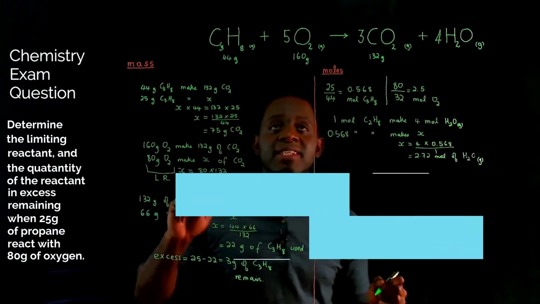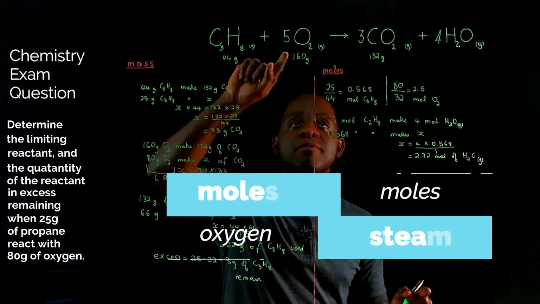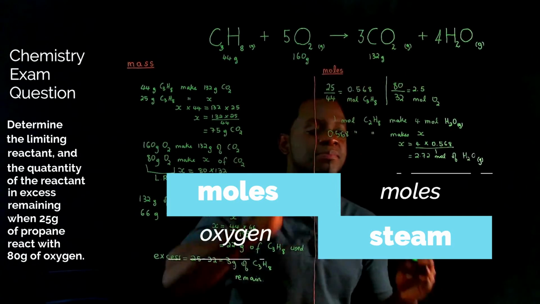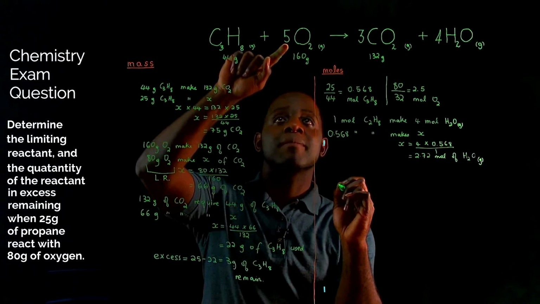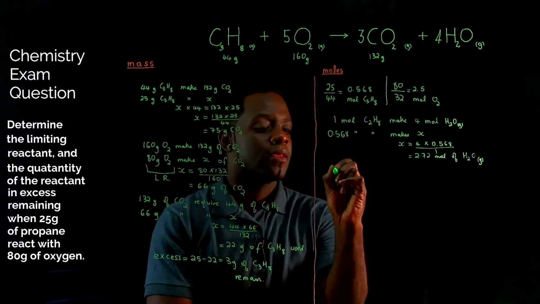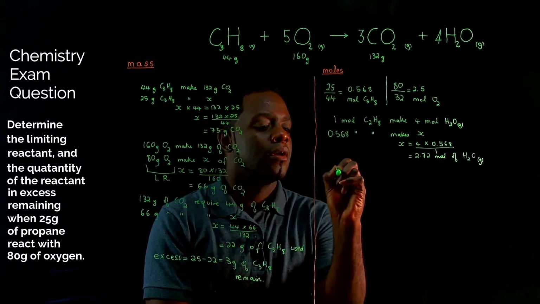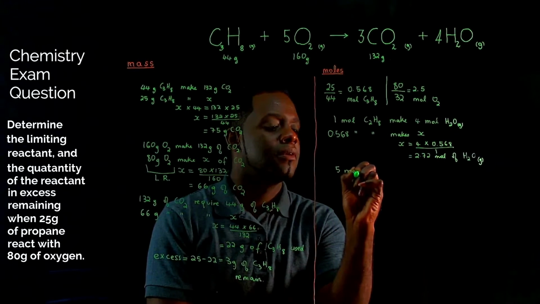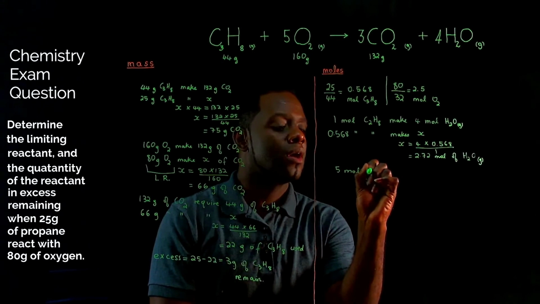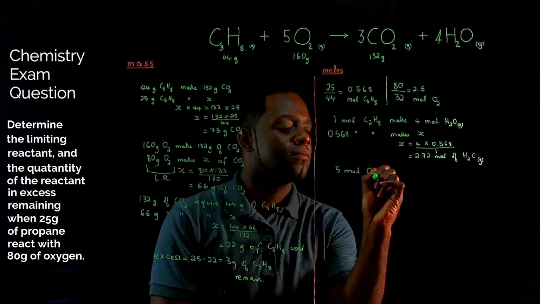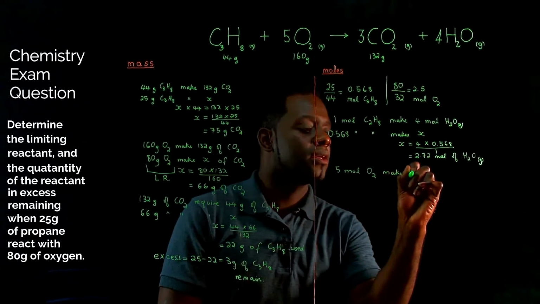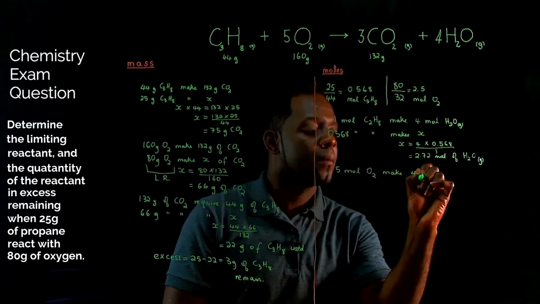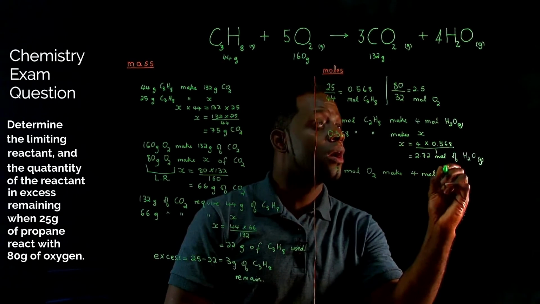Let's now relate the moles of oxygen to the moles of steam. So, theoretically, based on the balanced chemical equation, 5 moles of oxygen will make 4 moles of steam.